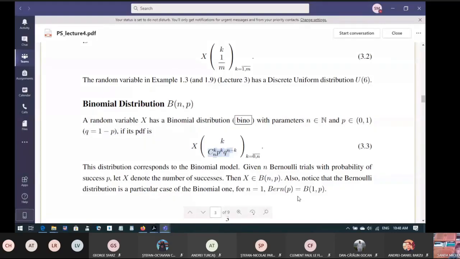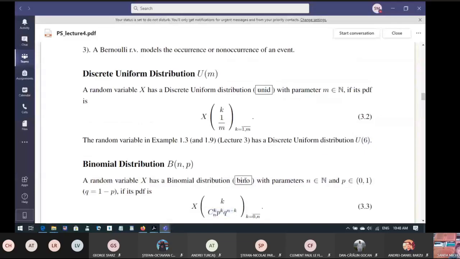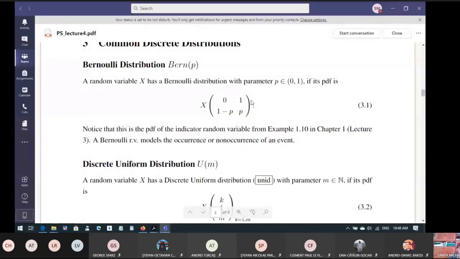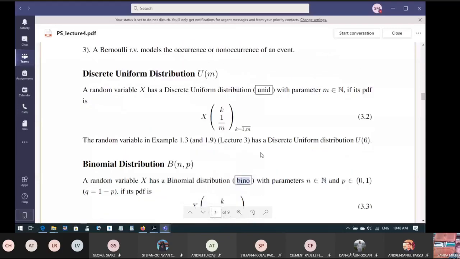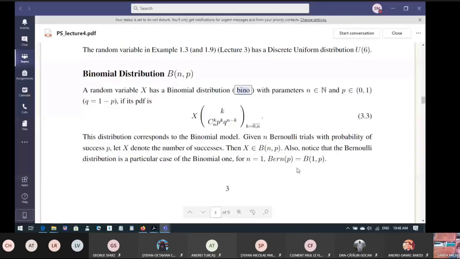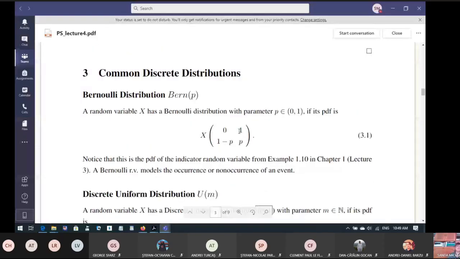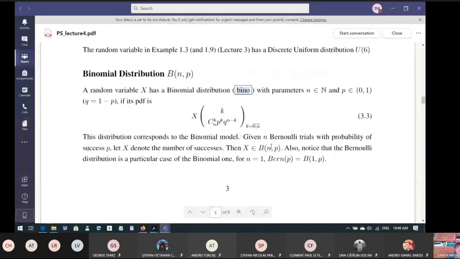Another thing that we want to notice here: I said you will see here in a rectangle the MATLAB name for each distribution, but I didn't put any name here for the Bernoulli one, although I emphasized how important it is in modeling occurrence or non-occurrence of a success. Well, that's because the Bernoulli distribution is actually a special case of the binomial distribution. Bernoulli says, does something occur or not with a given probability p? Well, that's the same thing as saying in one trial, do we have success or failure?